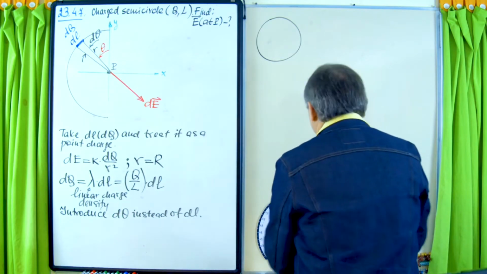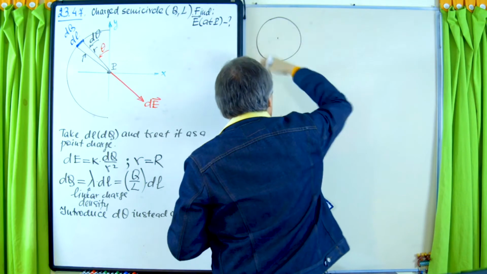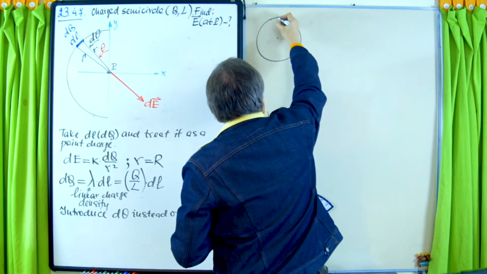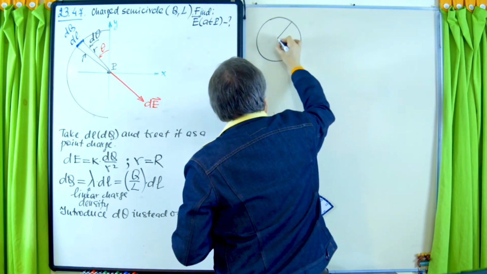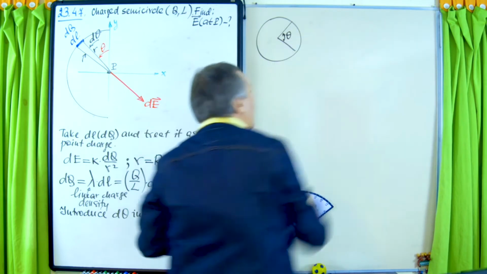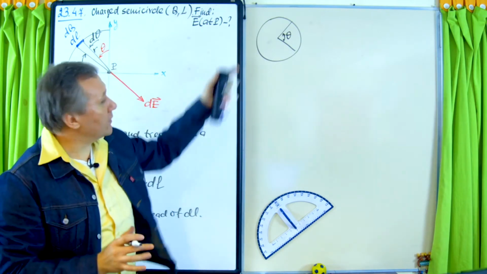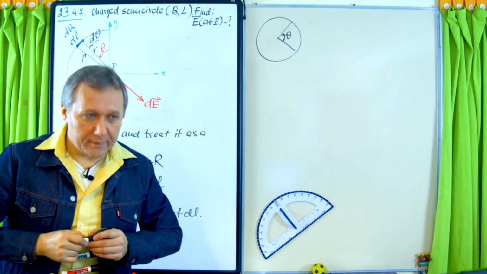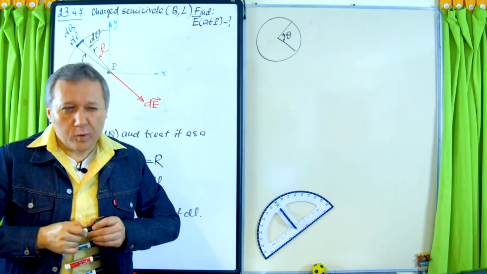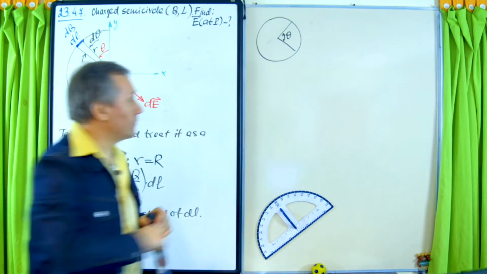Okay, so let's refresh. So let's assume that we have a circle of radius r, and that we have this angle theta. Of course, you can use degrees to define that angle, or we can use radians. What is this angle in radians by definition?